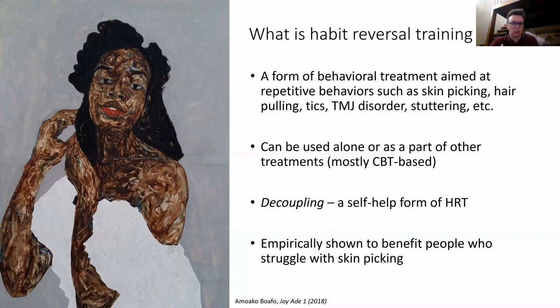Mostly it's incorporated in other forms of cognitive behavioral therapy. Specifically in Skin Pick, we use it in association with acceptance and commitment therapy. There's a specific form of habit reversal training called decoupling, and it's basically habit reversal that's turned into a form of self-help. So it's a kind of HRT that you can do on your own.